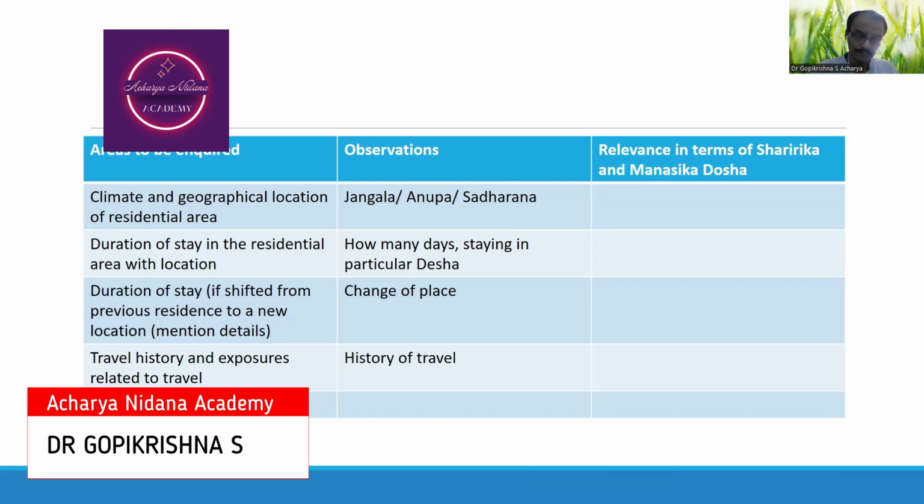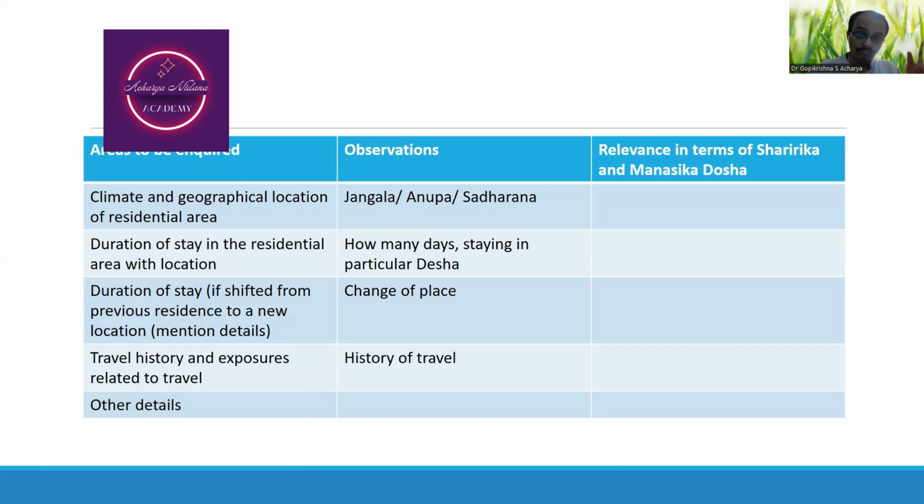Travel history: whether he has recently traveled to a different place, what kind of area he has resided in, where he has taken a stay, how many days he has stayed in that particular locality, etc. And other details regarding the stay, what kind of food habits they have had there in that particular locality, etc., have to be inquired.